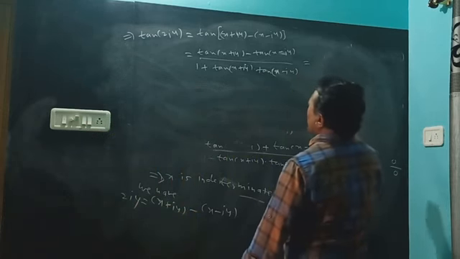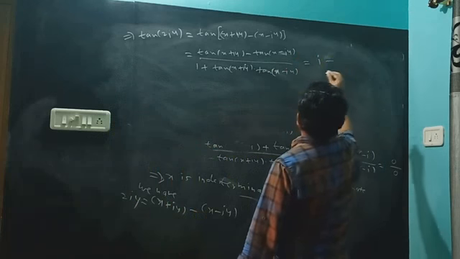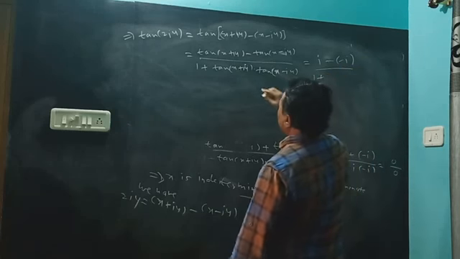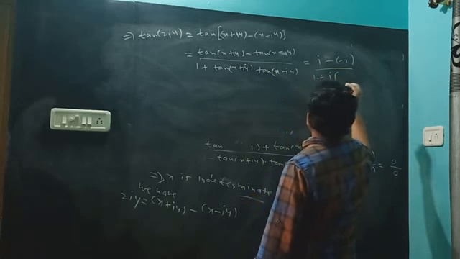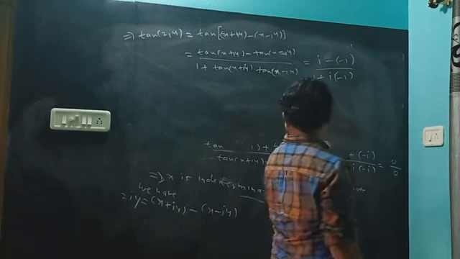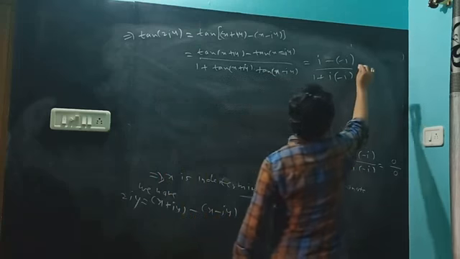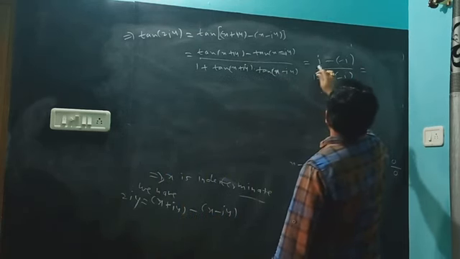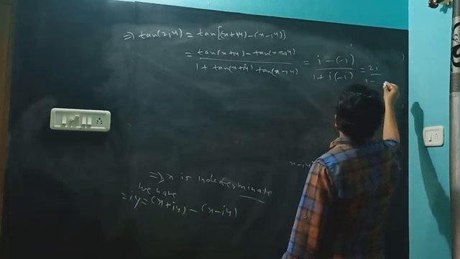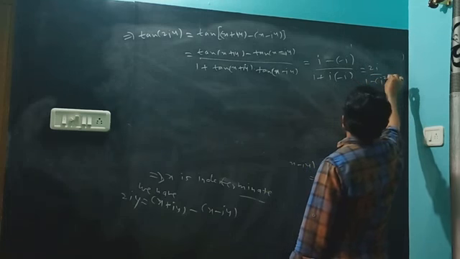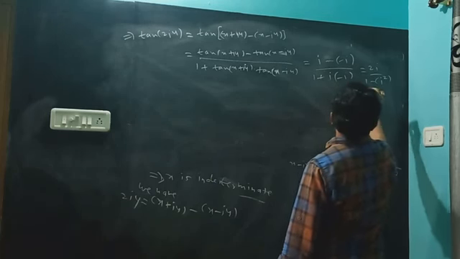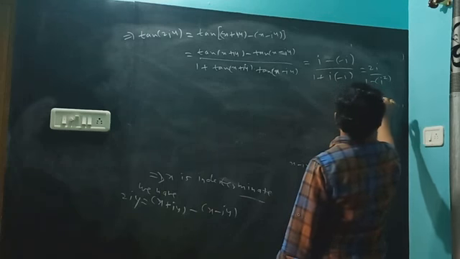So tan of x plus iy, x minus iy minus I. Okay, so 1 plus I, twice I, 1 minus I square, twice I square minus 1, so I cancels.